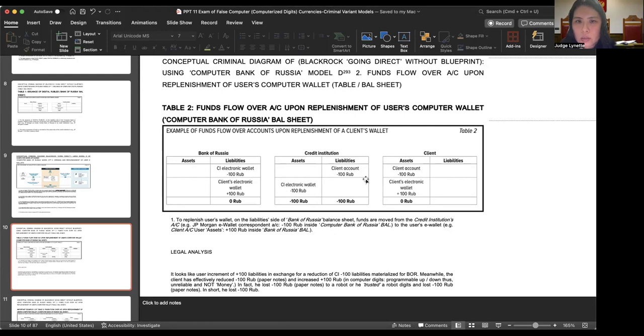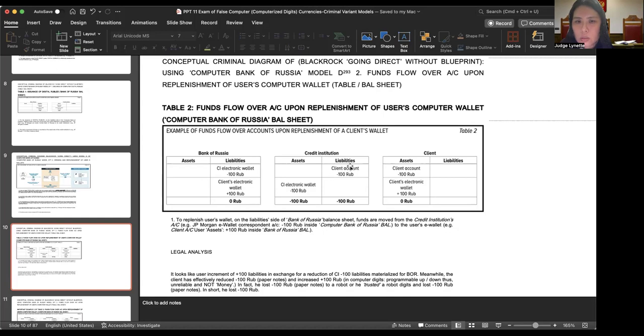So in that sense, compared to programmable up-down digits, computerized numbers, a stack of paper cash in its physical form is not able to easily change its form or change the numbers up and down. In its physical form, it remains the same.